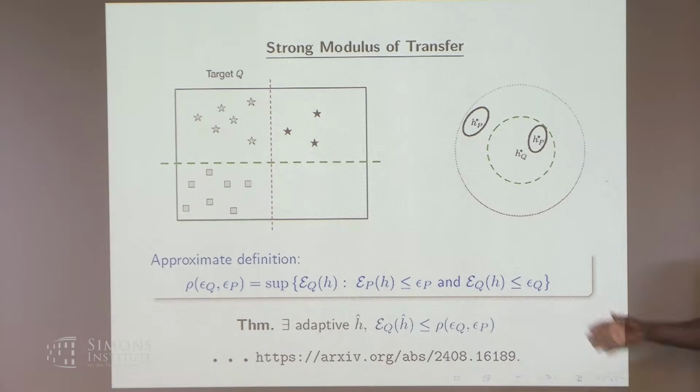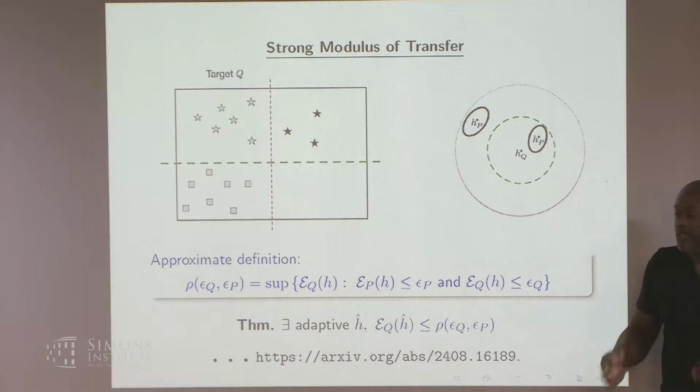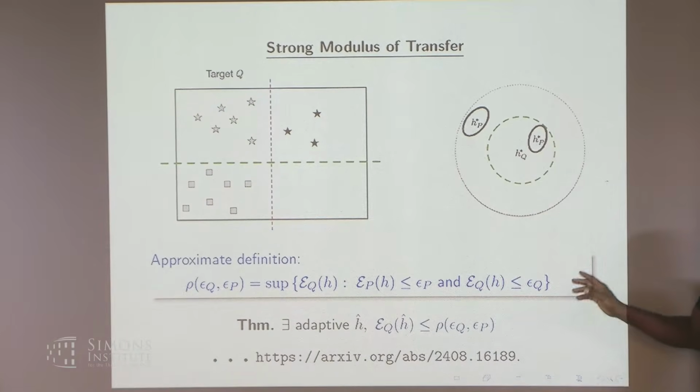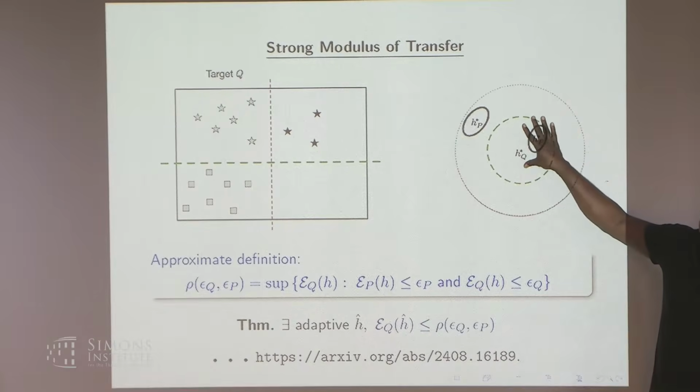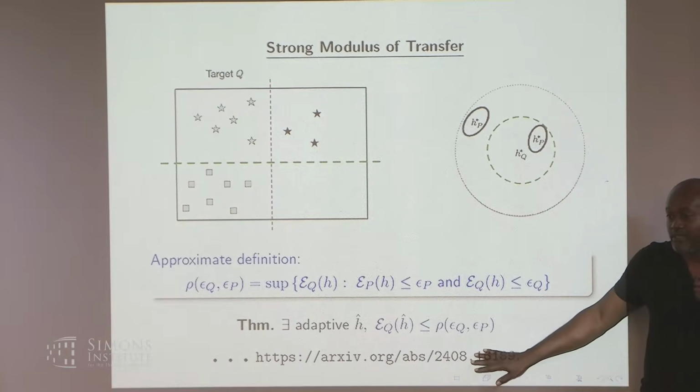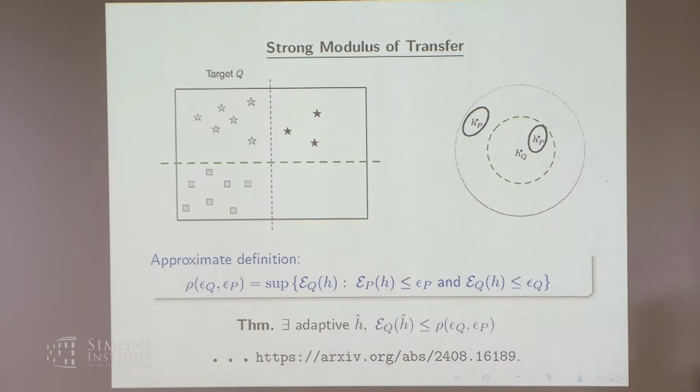In the second version, we're trying to understand much better in which exact situations this second modulus is strictly better than the first one. And why is that an important question? Because the first one characterizes essentially a lot of the measures of distance that have been proposed in the literature so far.